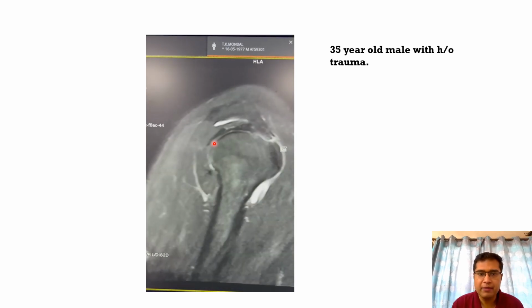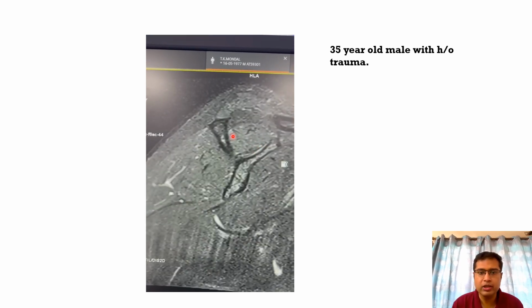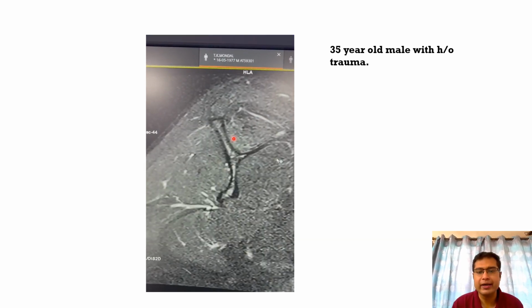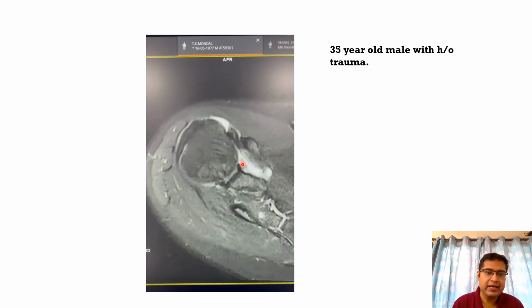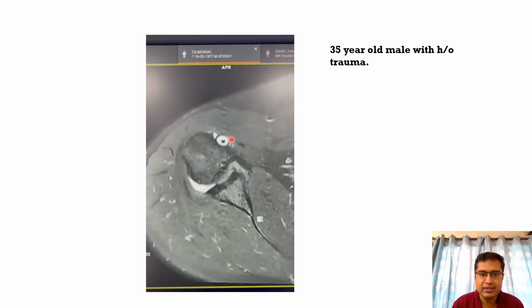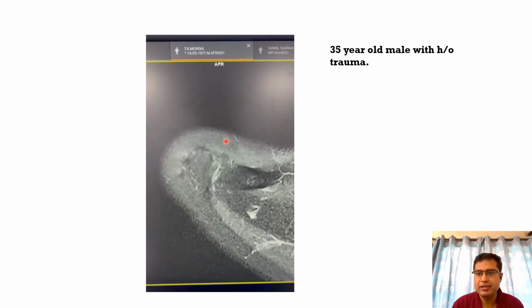These are the sagittal PDFS images, where again we can see that particular discontinuity. The supraspinatus muscle is intact, no atrophy. And these are the axial images, where again we can see that discontinuity and some fluid collection around the biceps tendon.